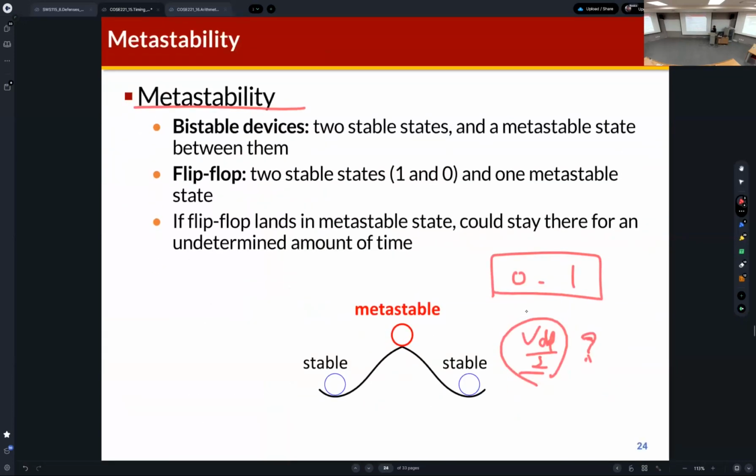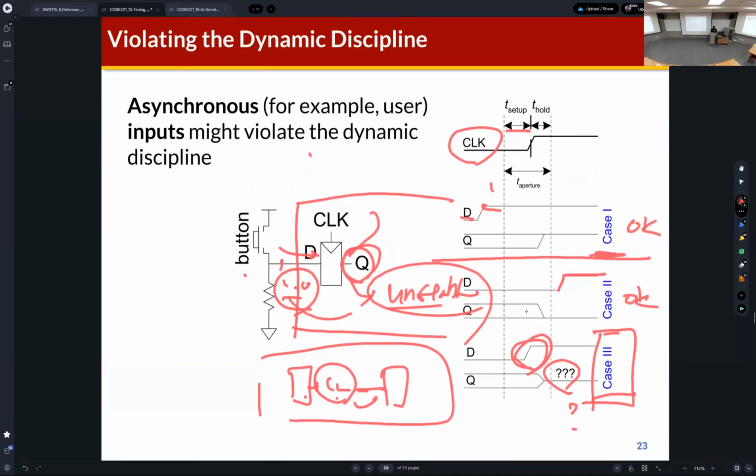But the problem is that if this is the interface from the user, and this interface generates the unstable signal, then this unstable signal can be propagated to the inside of the system. Then our system can also be unstable. So that's the problem, and we need to avoid this situation.